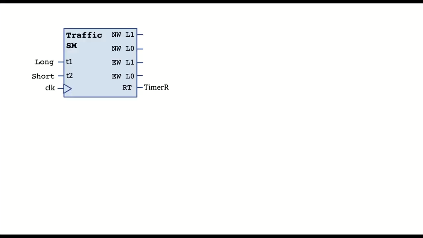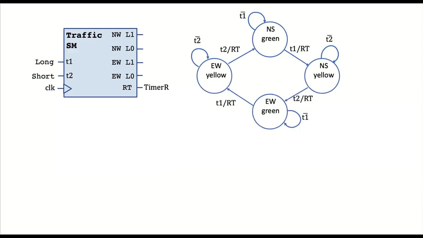All right, so here's our traffic light controller. And the state machine basically is just going between 4 different states. Right? So if one light is green, we know the other one better be red. So I don't even actually need to specify that. So when the north-south light is green, the east-west will be red.